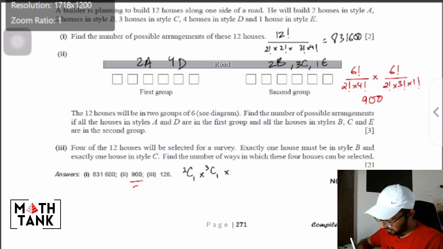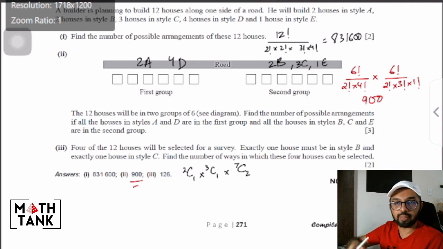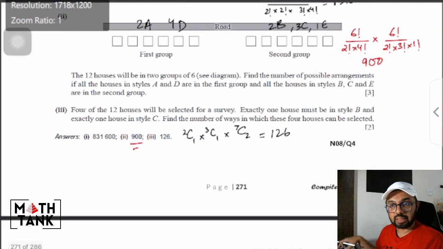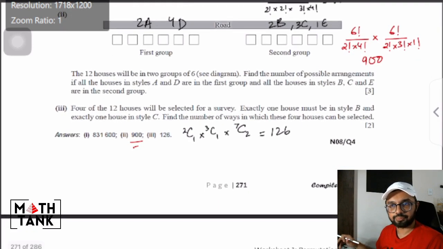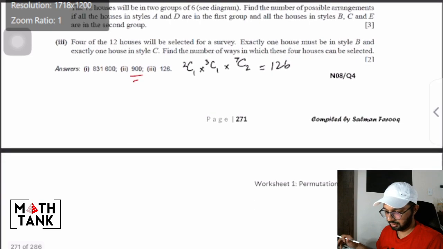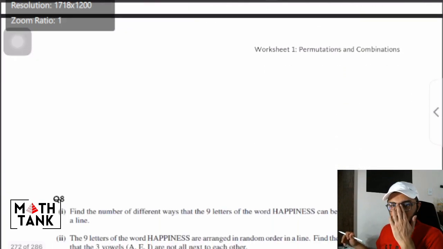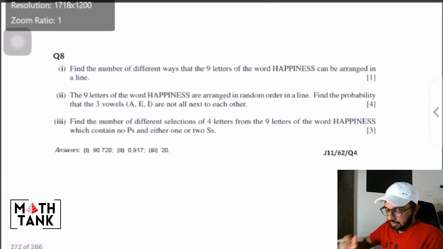So I'm left with 7 A's, D's, and E's, and I need to select 2 out of them. So I'm going to get 2 into 3 into 7C2. Yep, 126. This was a question from November 2008, and that's question number 4. Okay, moving on to the next question.